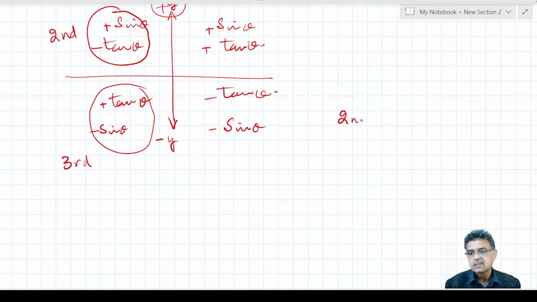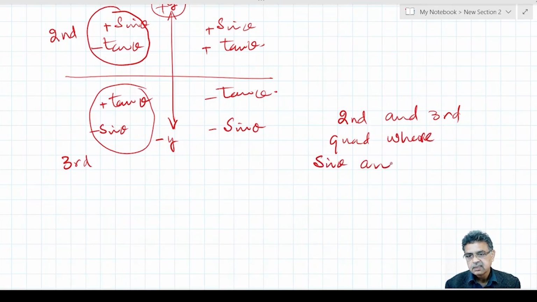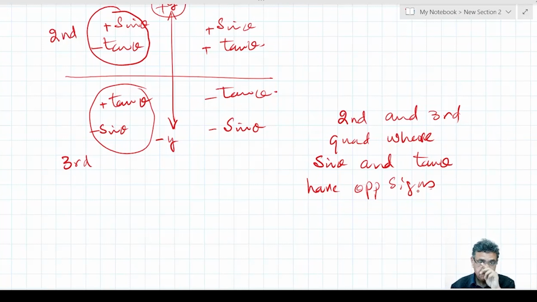So the second and third quadrants are where sin theta and tangent theta have opposite signs. So this is the way we can understand how to consider the quadrants and their signs.